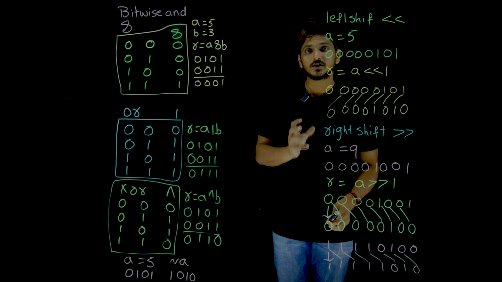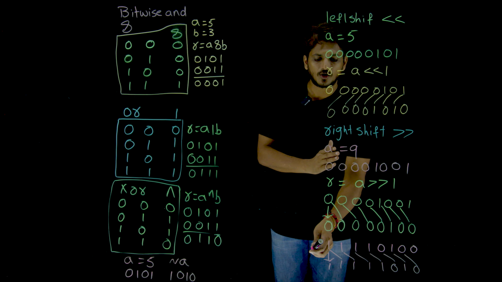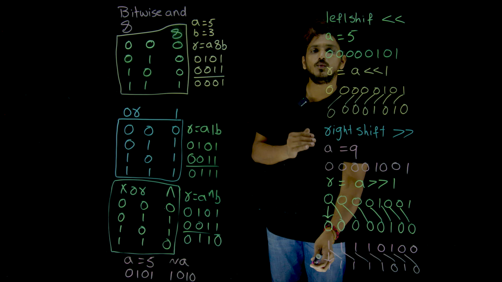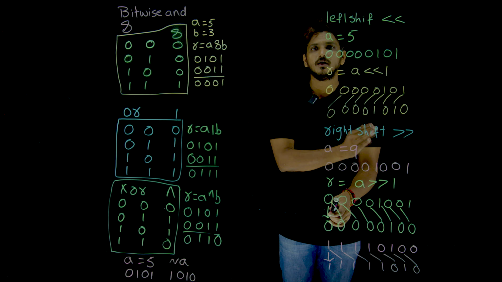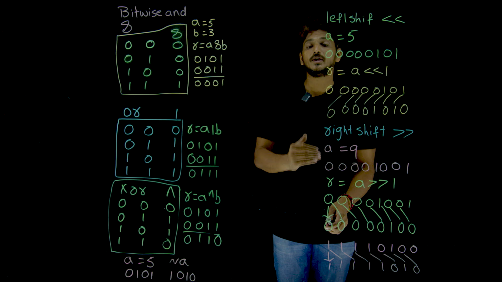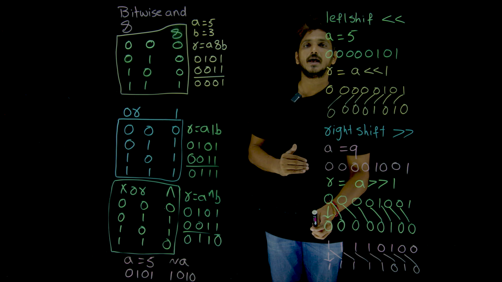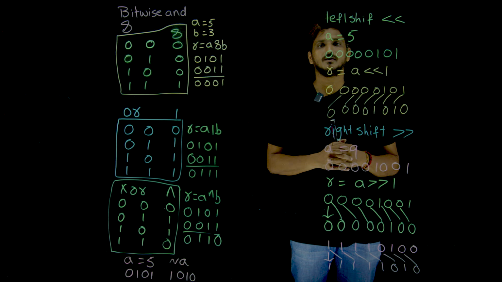In order to keep the sign, negative numbers right shifted should remain negative numbers. Positive numbers right shifted should remain positive numbers. In order to keep the sign, keep it as it is. That is what happens in a right shift operation.